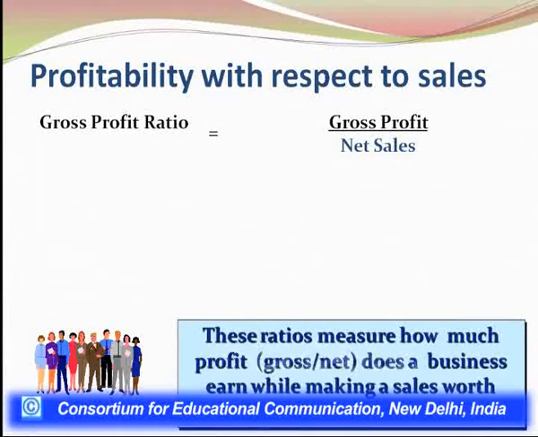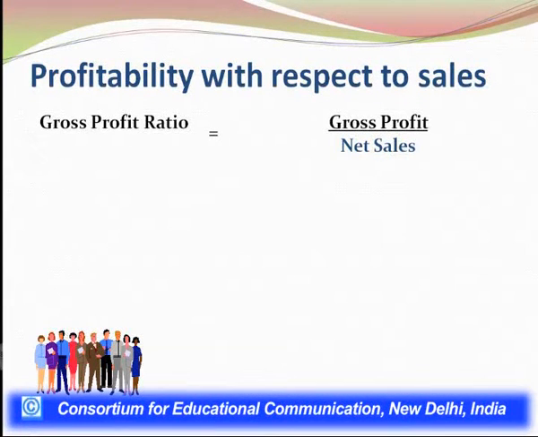Moving forward, now we would be discussing a few more ratios pertaining to profitability, and after that we will discuss in detail the overall profitability of this particular company. So the next ratios which I am going to discuss are gross profit ratio.